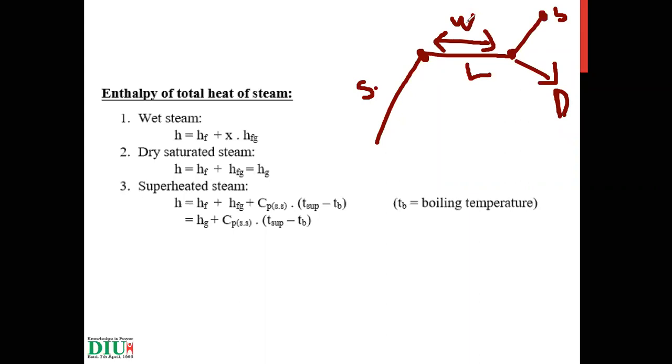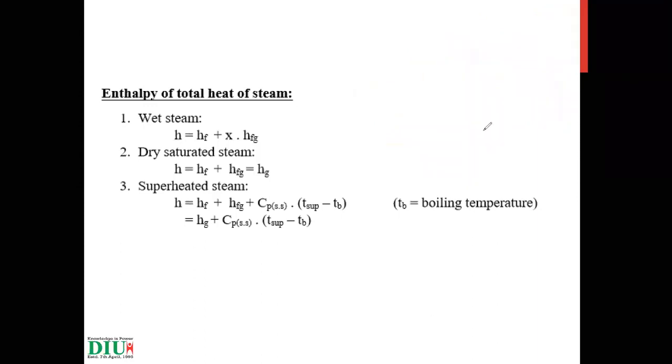So to get the wet steam, first of all, from this point we need to pass the sensible heat and finally get here. So for the wet steam, the total heat will be the sensible heat plus the amount of latent heat.